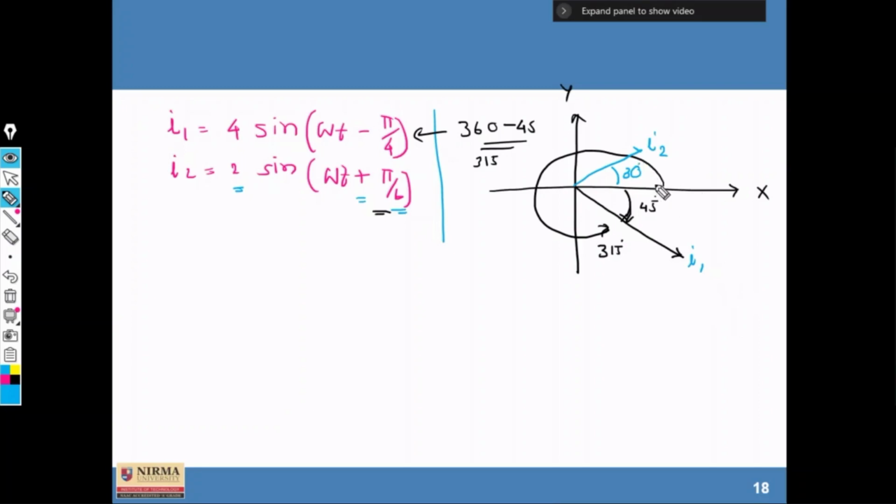Okay, now according to the law of parallelogram, first of all we are going to write the x component and y component. X component means we have to resolve this current on the x-axis, and for the y component, which is perpendicular, or 90 degrees to x, we can resolve all these components on y also. Fine.